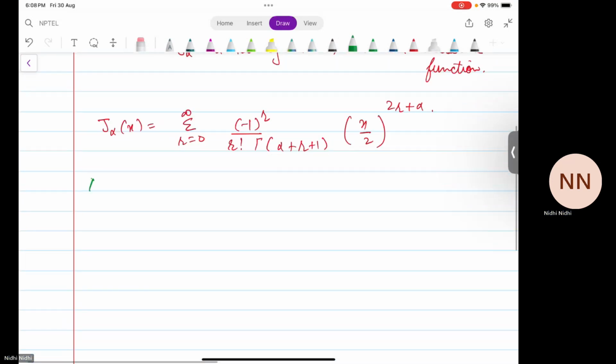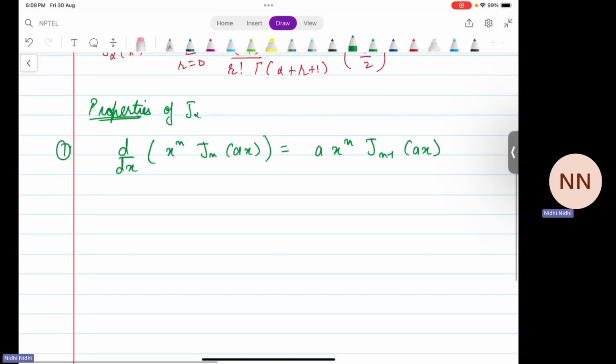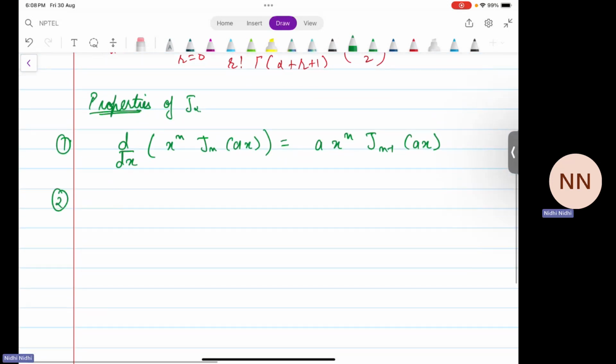These are the recursion formulas, the properties of J. First one is d by dx of x to the power n J n x is equal to x to the power n J n minus 1 x. I hope you all have seen the proof of these properties in the lecture notes. It was done in the class.